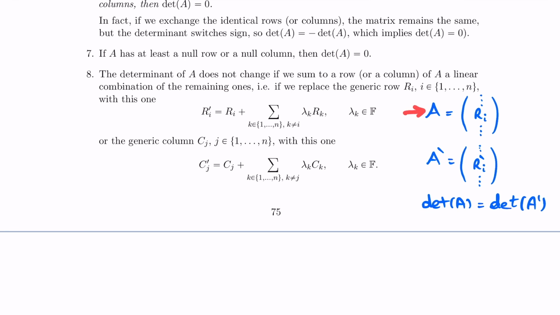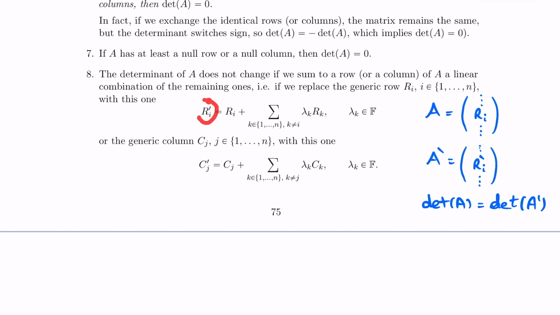Write the matrix A row-wise and fix your attention to the row Ri. The theorem says that if we consider another matrix A prime, which has instead of the row Ri, the row Ri prime that we are going to construct, then these two matrices have exactly the same determinant.